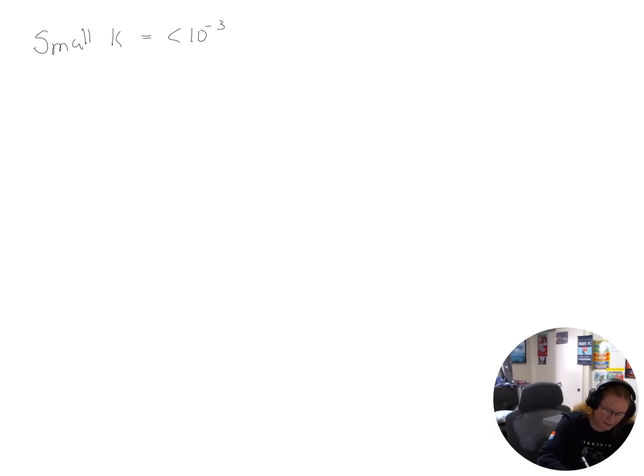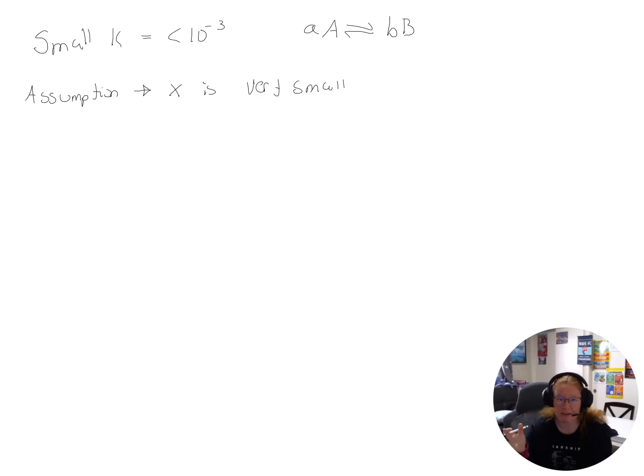All right, so I've got some sort of system, A giving me B. Okay, so there's an assumption we're going to make. Assumption: X is very small. Okay, why are we making the assumption that X is very small? Well, remember, with a small K, what we're saying is that not a whole lot of product is formed, right?